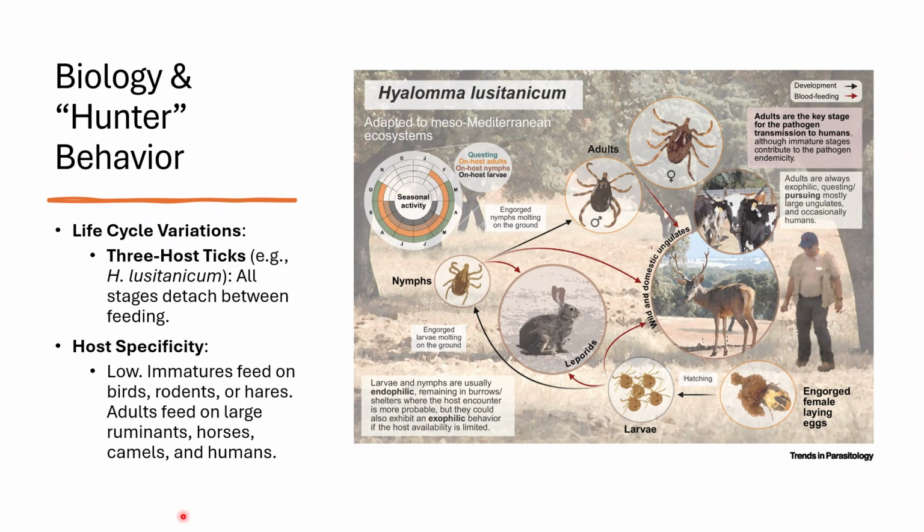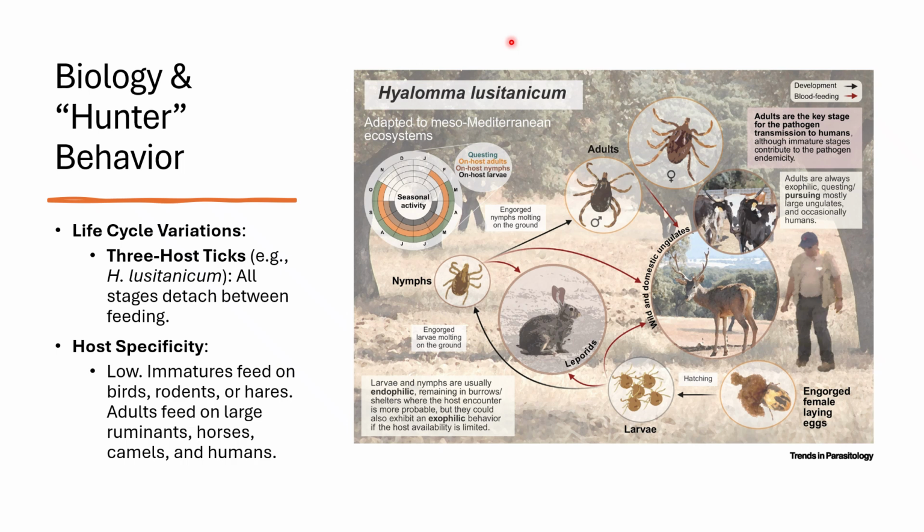Another life cycle variation for the genus Hyalomma is exhibited by Hyalomma lusitanicum. This is a three-host hard tick mainly found in the Mediterranean ecosystems with a strong preference for wild ungulates, as shown in the diagram, such as the deer and the wild boar, as adult hosts, and leporids or rabbits for the immature stages.